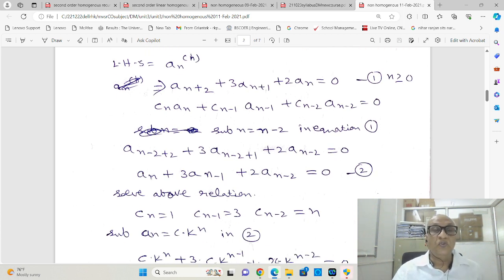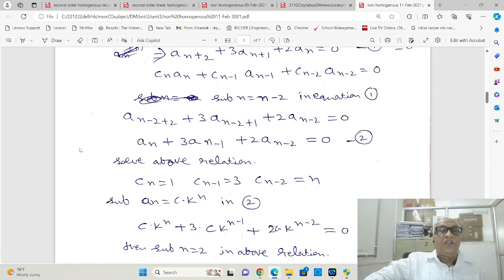So that comes to be an plus 3an minus 1 plus 2an minus 2. Now here the value of C1 is 1, C2 is 3, and Cn minus 2 is 2.